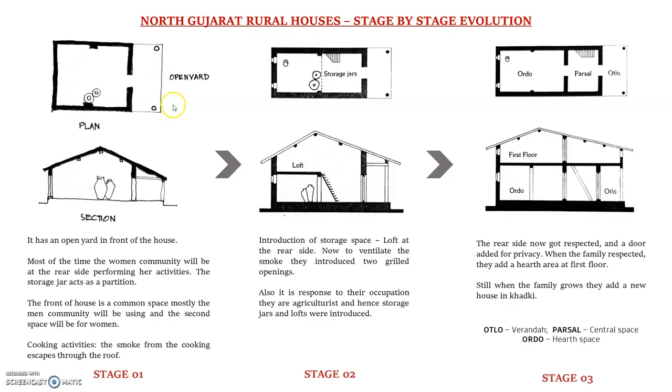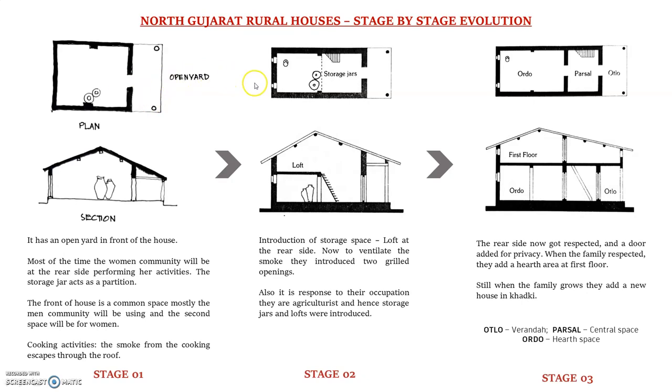In the very first primitive unit, the ventilation will be only this gap. Initially there were no windows or any small projections or cutouts, so the total lighting and ventilation depended only on this particular door opening.